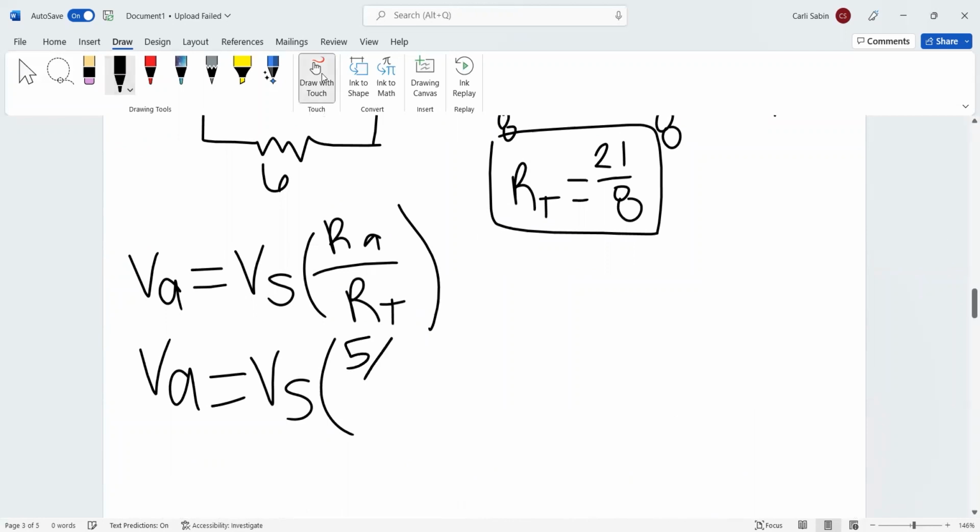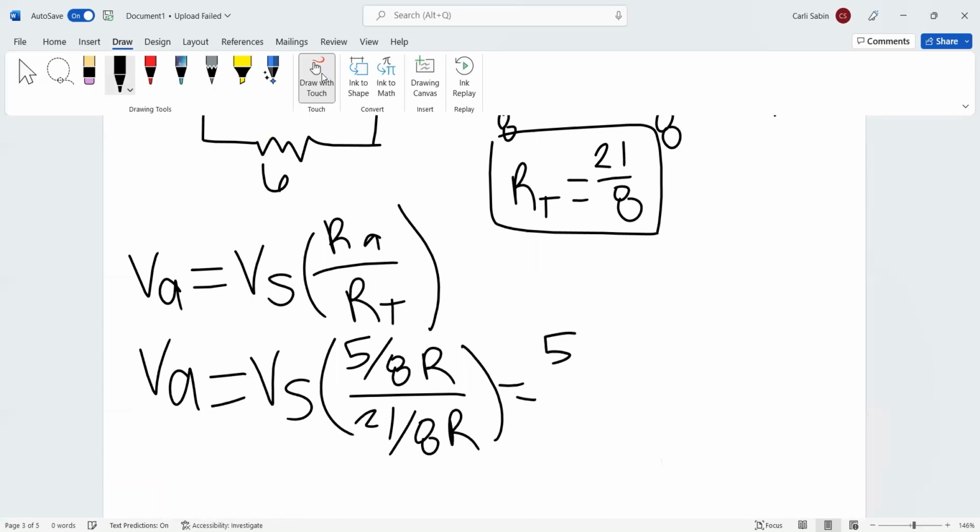So we're going to have 5/8 R over the total R, which is going to be 21/8 R, right? So we're going to go ahead and simplify this. So we're going to get 5/8 R times 8/21 R. Same change, flip it.